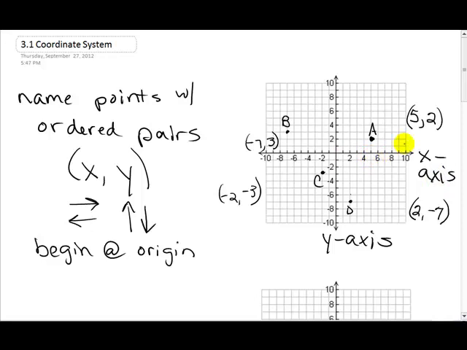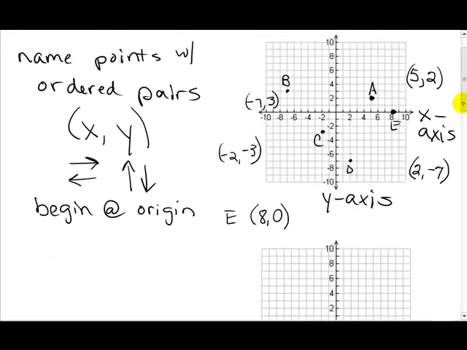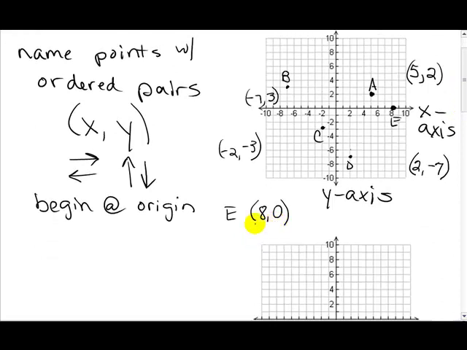When we have a number that is on the line, it doesn't go up or down. So for this one, let's call this E. For E, we moved right 8, but we don't go up and down. So our number for Y is 0.